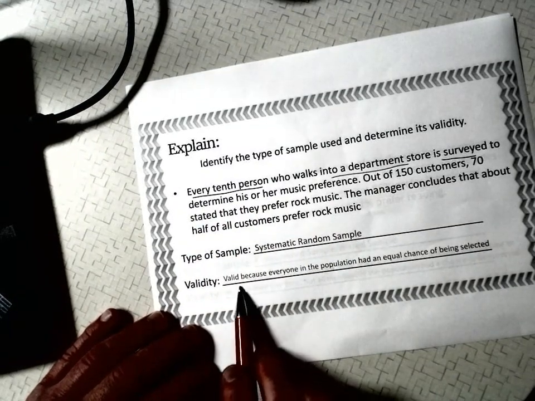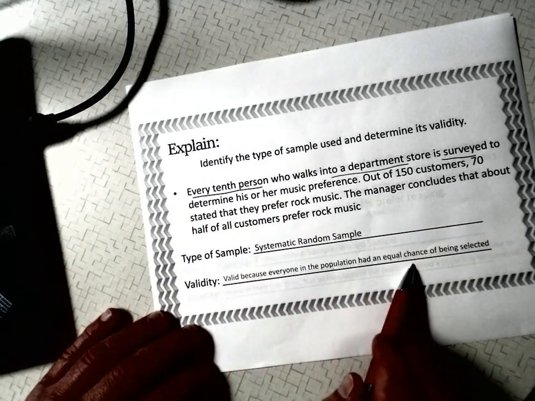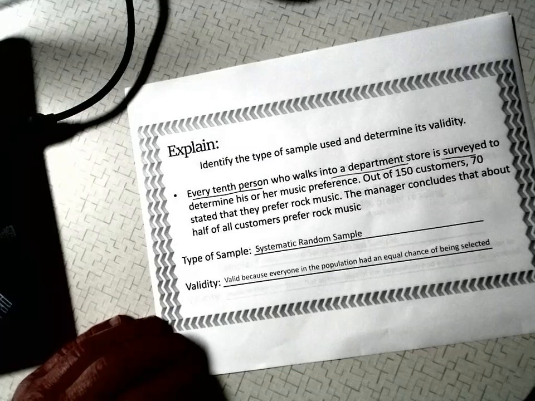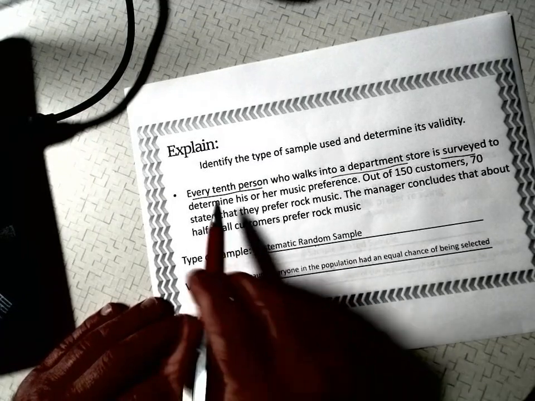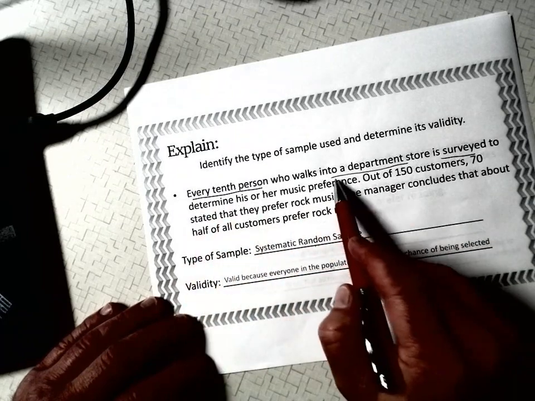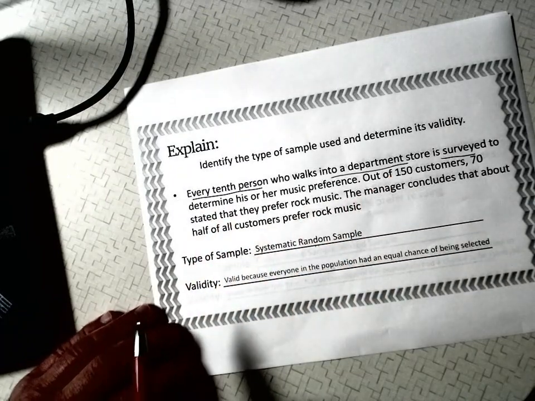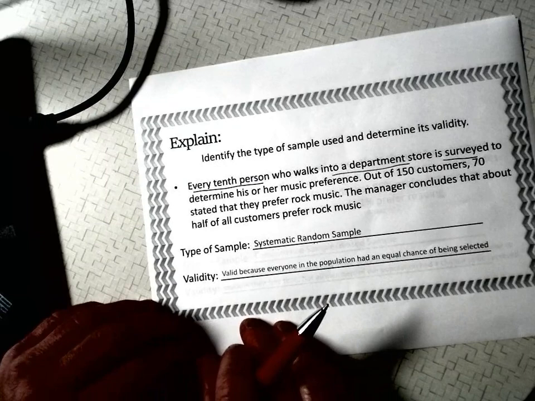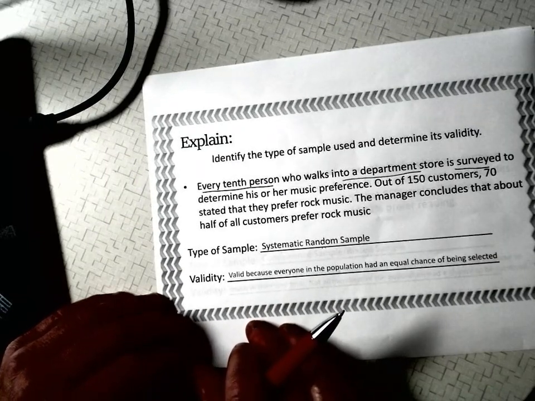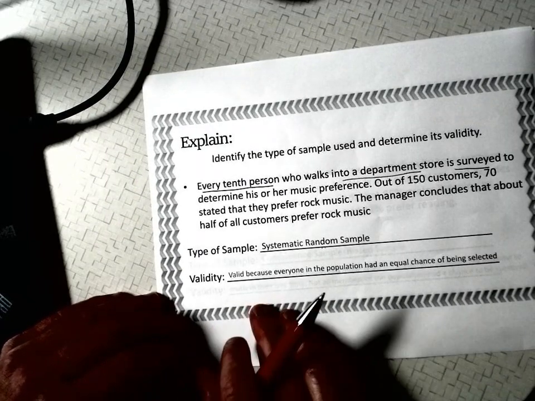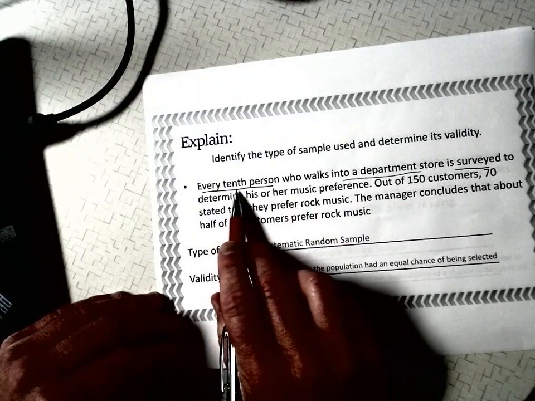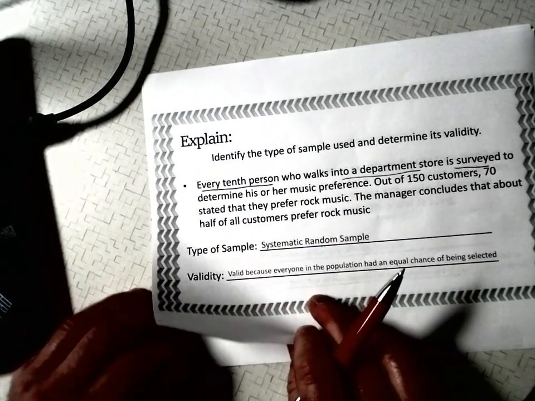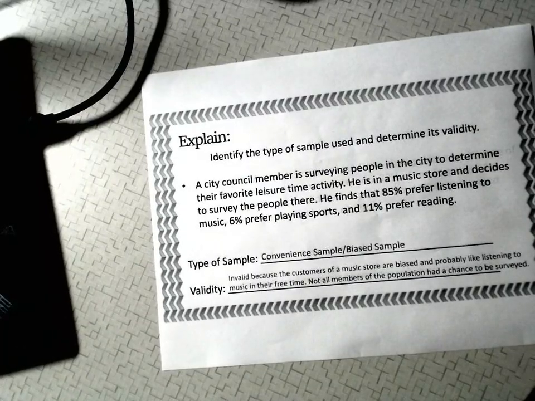It's valid because everybody in the population had an equal chance of being selected. So systematic, random. The system was every 10th person that walked into the department store. That has to do with time or a specific situation. Every 10th person. System. There was a system to his survey. Every 10th person. That's how I used to remember that particular phrase.